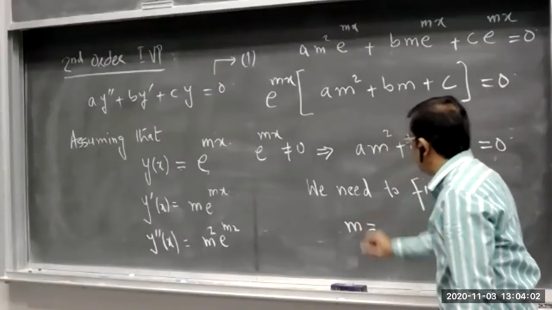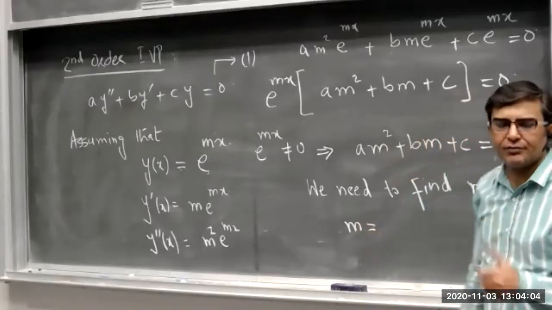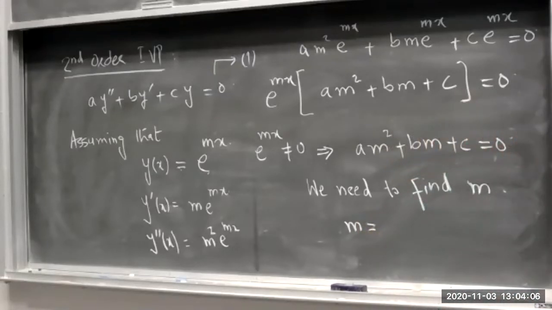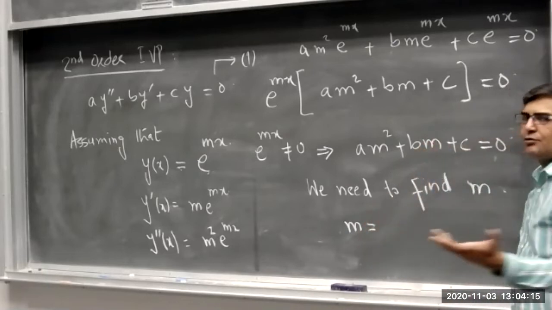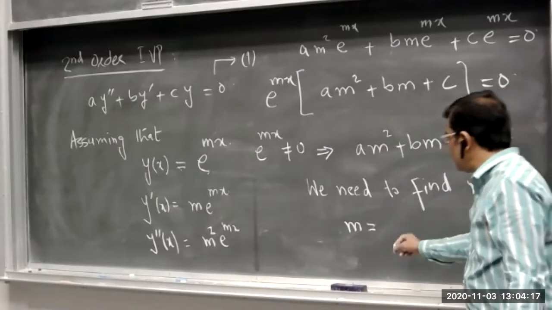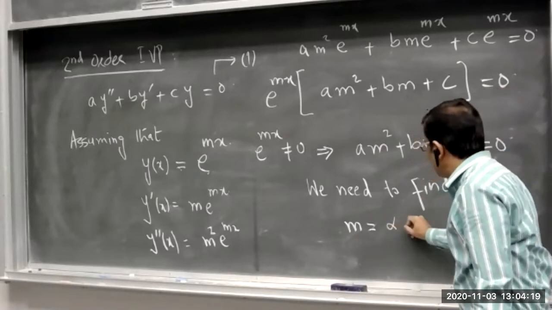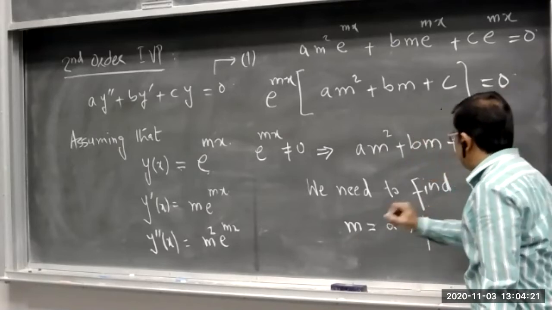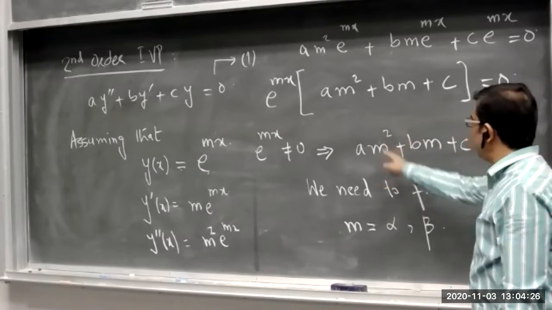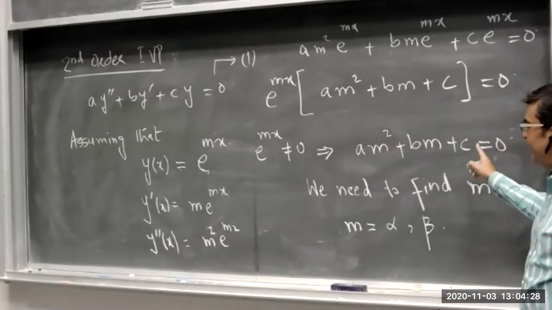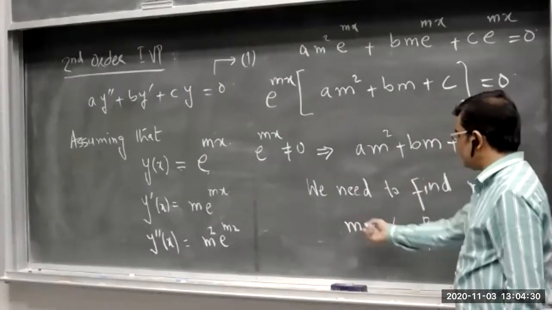M could have 2 roots. There is a question in the chat window. Yes. So we know that a quadratic polynomial equation has 2 roots. So m की 2 roots होंगी. We assume that एक root alpha है, एक root beta है. ठीक है?